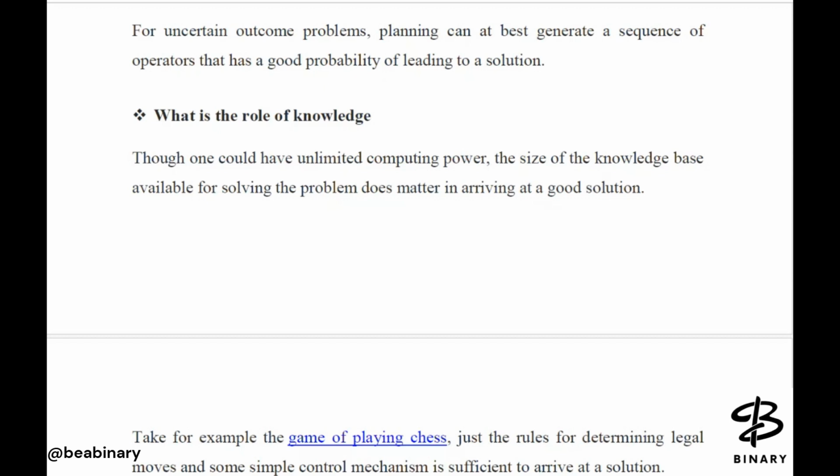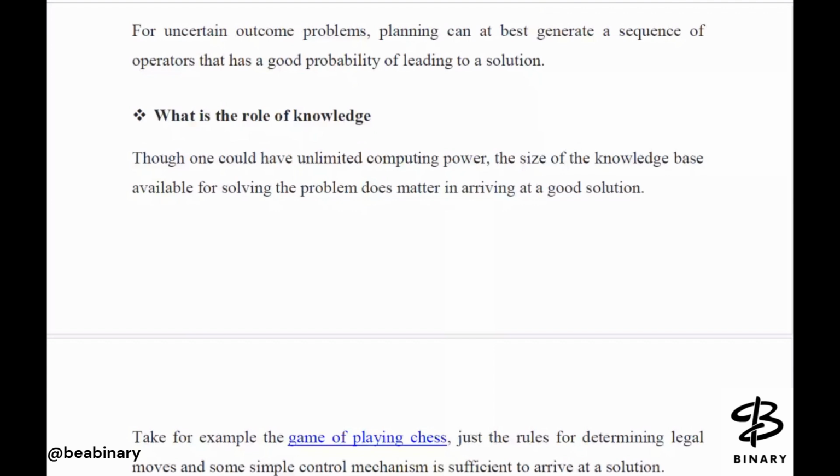Here we are saying you are getting knowledge of different search strategies from here, right? You know the different search algorithms, and if that is fed into a particular machine, the machine can choose the best optimal search strategy for solving that problem. So here we are talking about the role of knowledge in a problem.